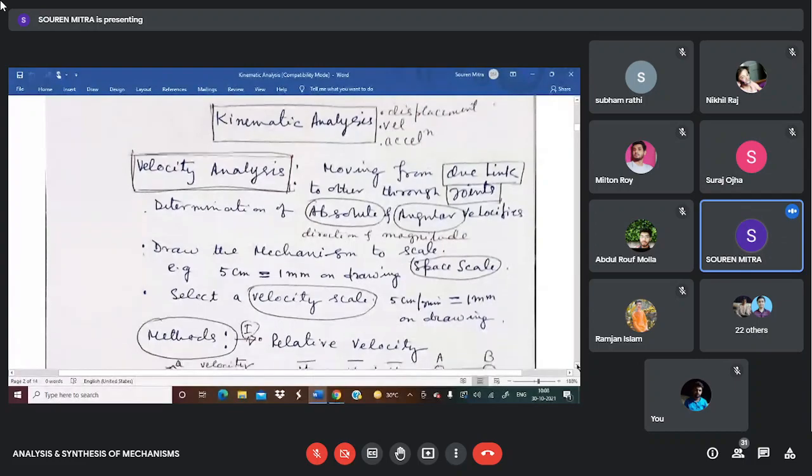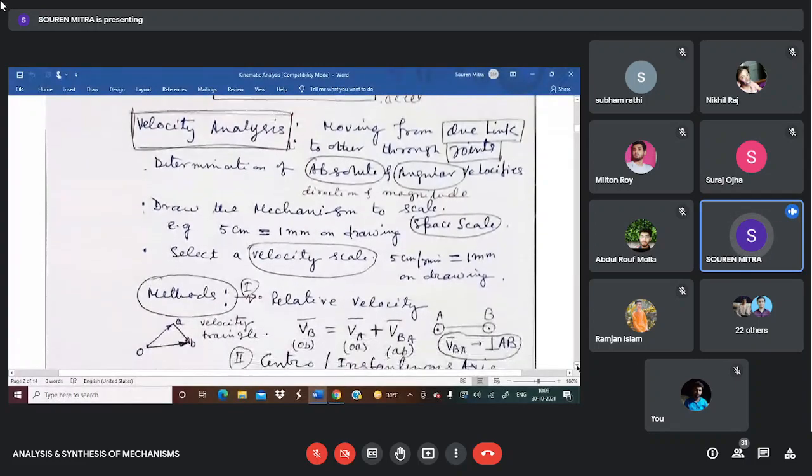And then, in order to start our analysis, we have to draw the mechanism to scale, because you will see that the velocities, particularly the angular velocities, are proportional to the length of the links. So drawing the mechanism to scale is very important. And for that, we need to choose a space scale at the very beginning.